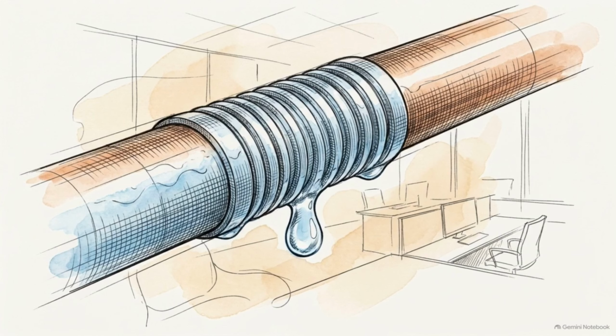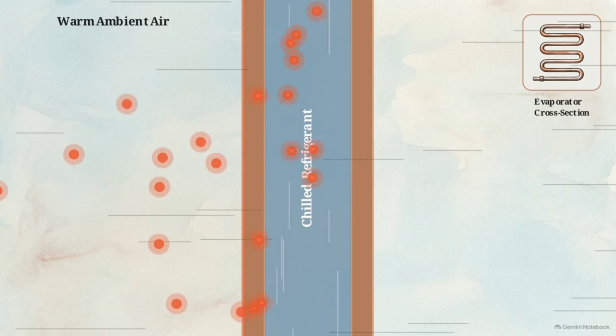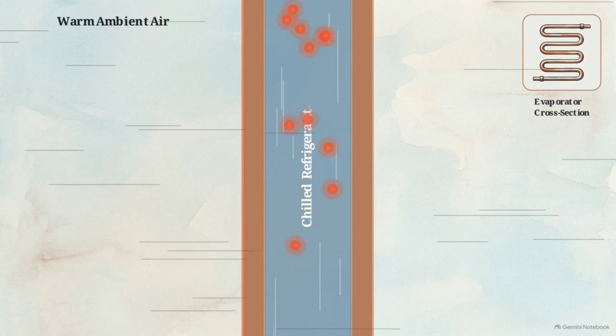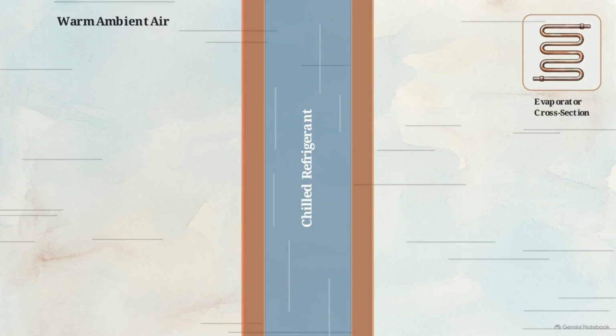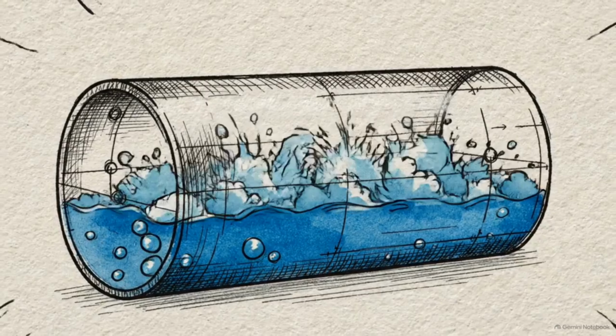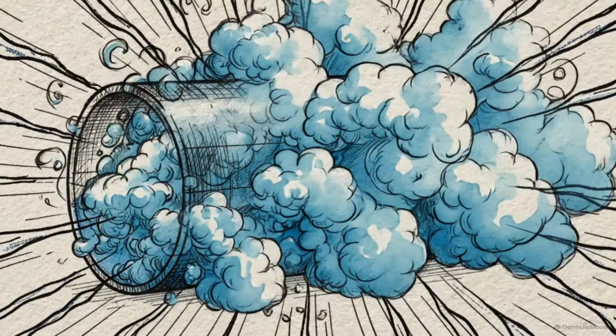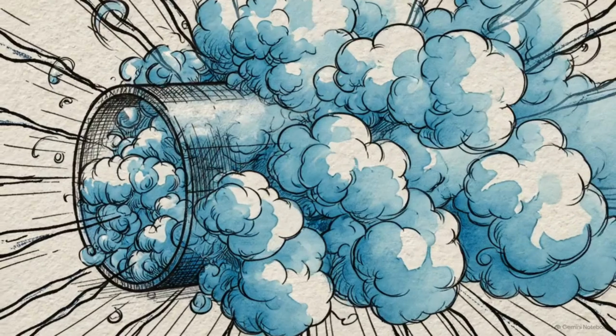Following the laws of thermodynamics, heat seeks equilibrium. The thermal energy inside the warm air immediately transfers into the colder metal, and consequently into the chilled refrigerant flowing inside. Because the refrigerant has an extremely low boiling point, absorbing this heat triggers a phase change. The liquid boils and flashes into a low-pressure vapor.